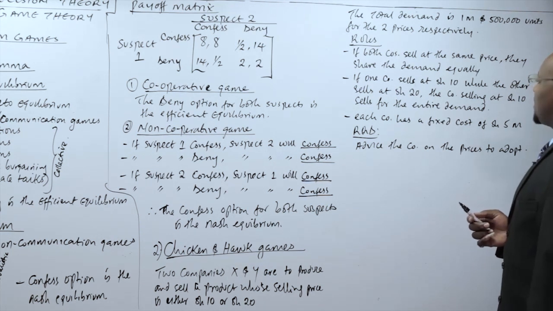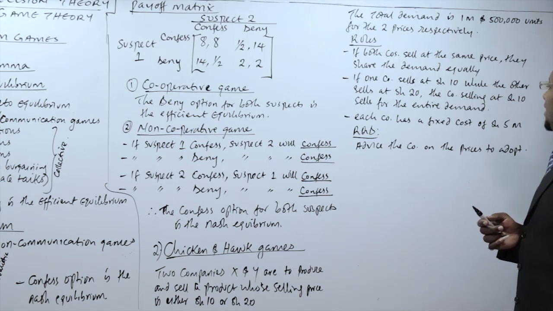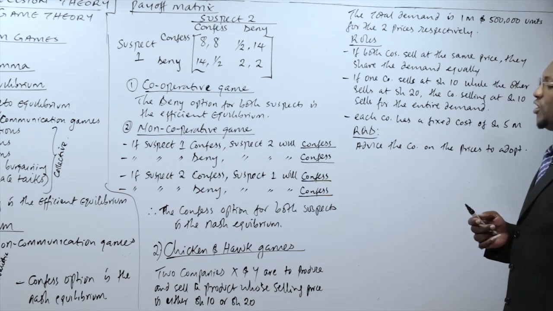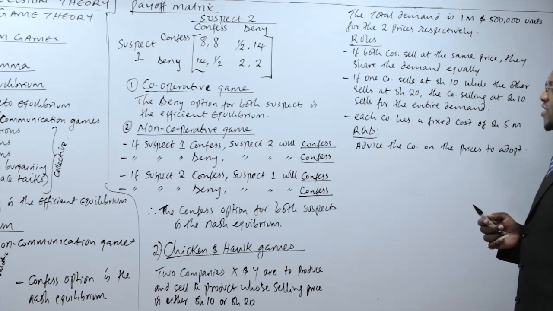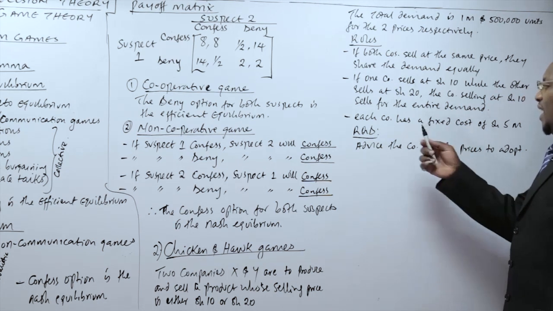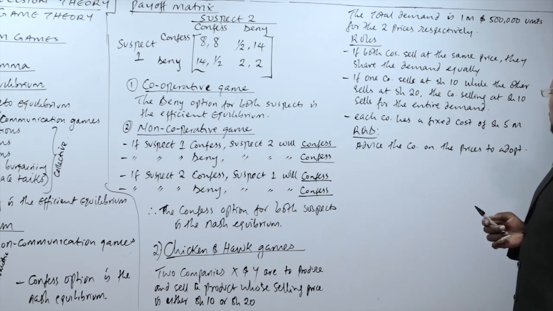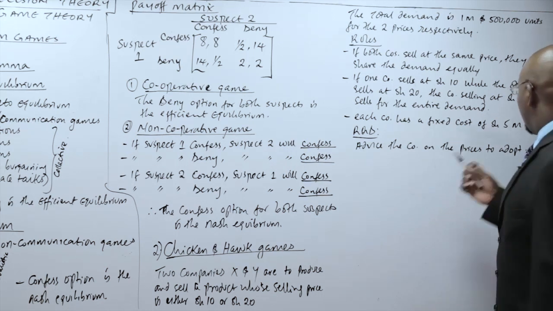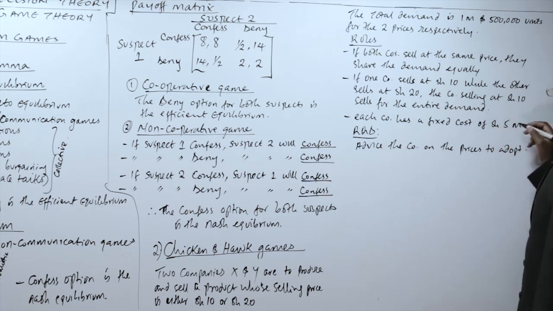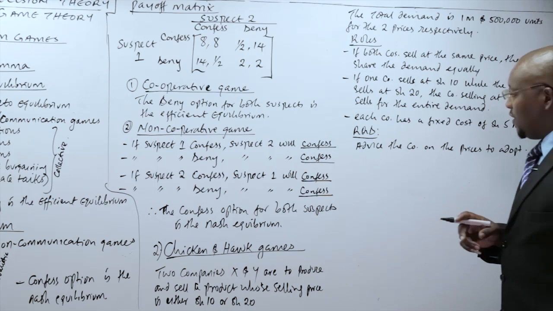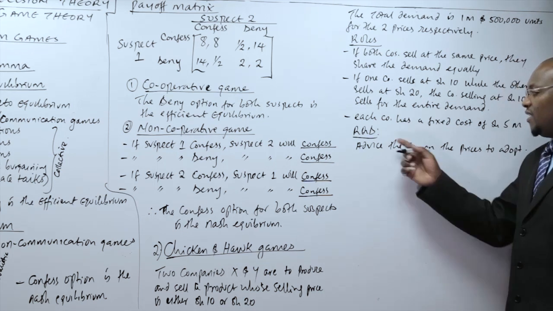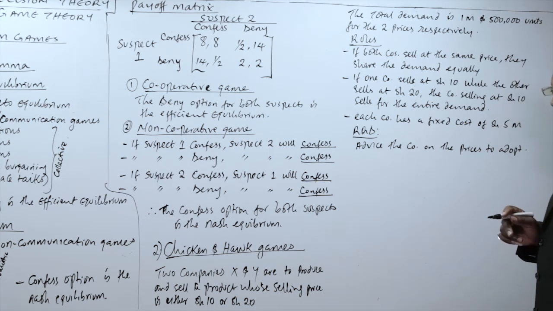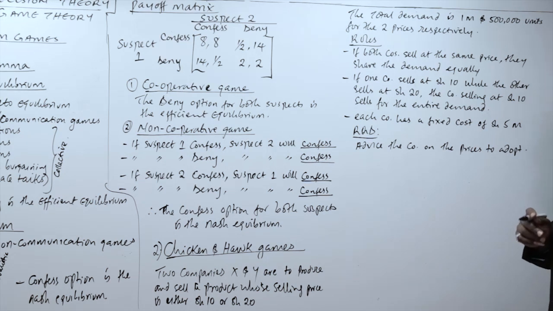If one company sells at shillings 10 while the other one sells at shillings 20, the company selling at shillings 10 sells for the entire demand, and each company has a fixed cost of shillings 5 million. This is a fixed cost of 5 million, whether or not you are producing or selling. Then required, advise the companies on the selling price to adopt.